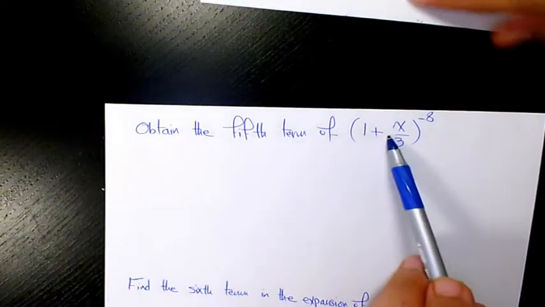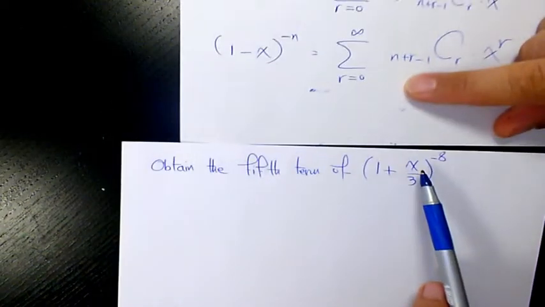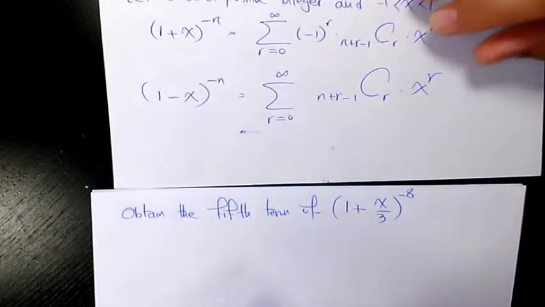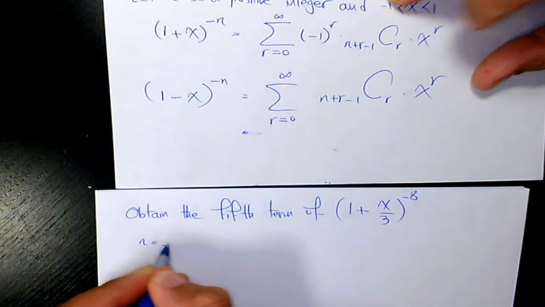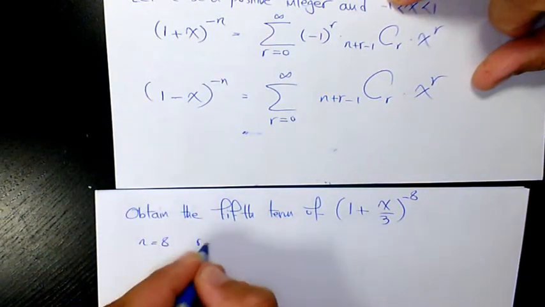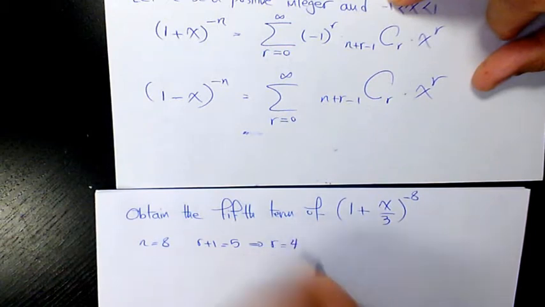So here we can do the same thing. Negative n is negative 8, so n is 8, and r plus 1 is 5 because it's the fifth term, so r is 4.